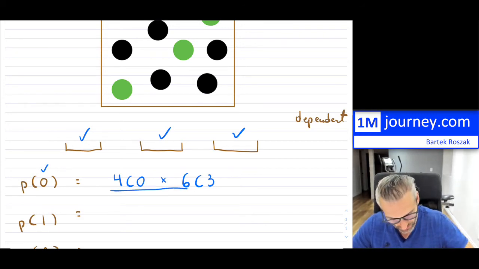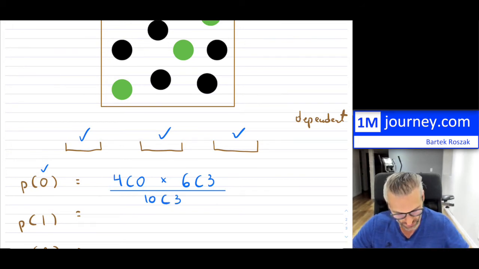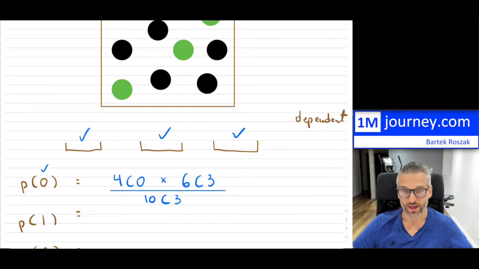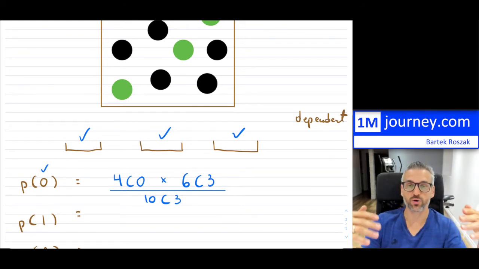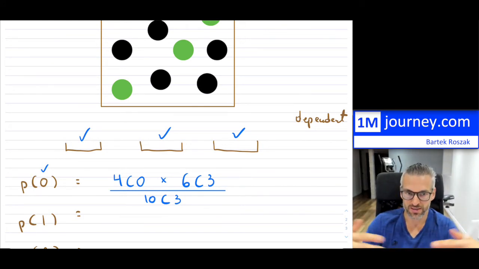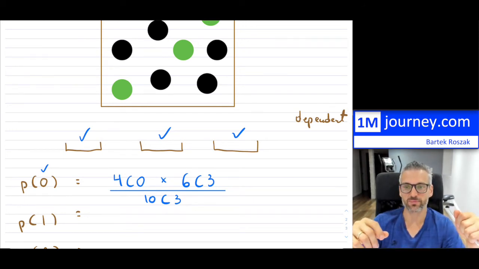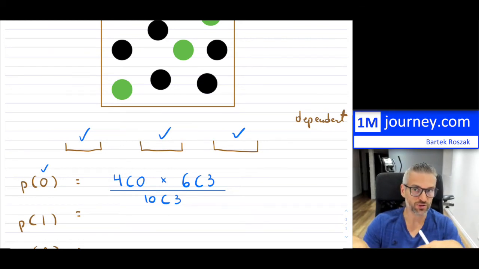And this would have been divided by, in total I have 10 balls and I'm going to choose 3 of them. So this is like saying, what is the total number of possibilities that you can pick out these 3 black balls, divided by the total number of possibilities entirely. This is something you have done if you have come across probability, counting and combinations.